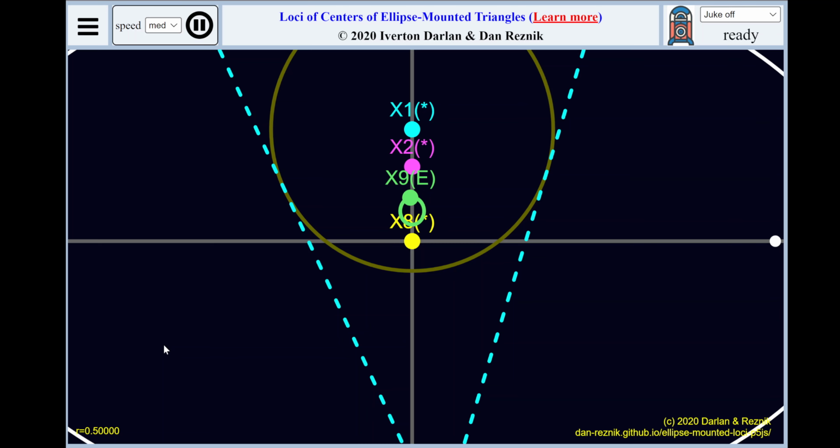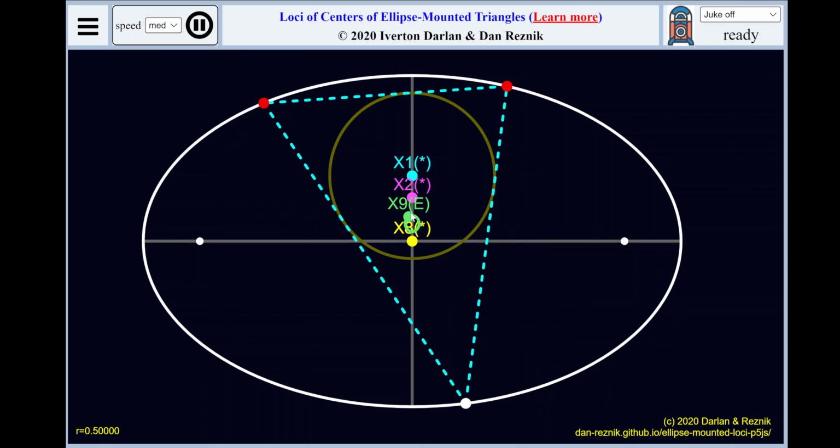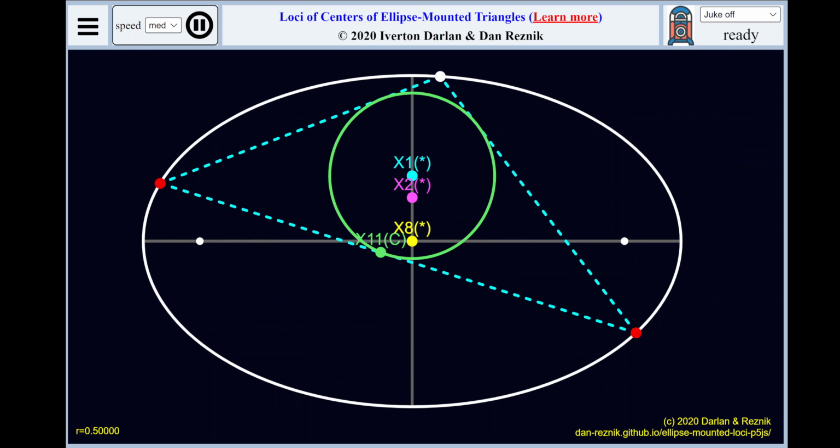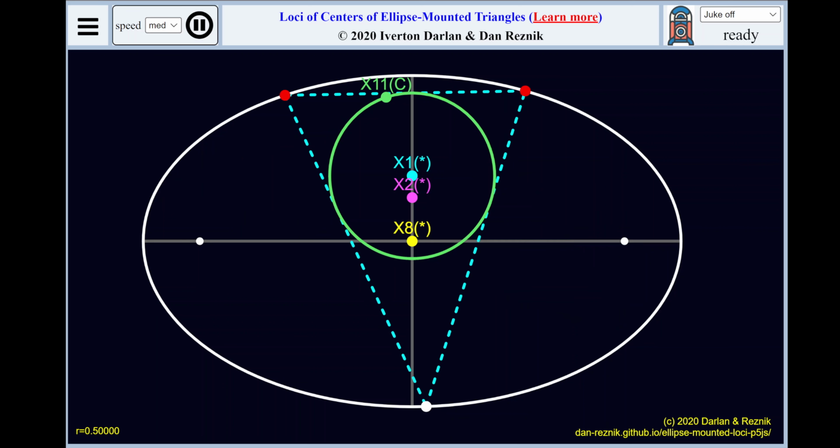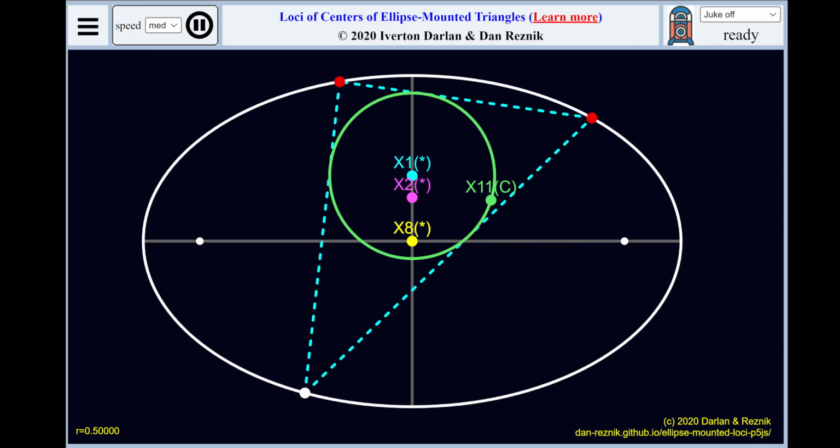This little E letter here indicates that this locus, this green locus, is numerically an ellipse with this tool. The Feuerbach point is always on the incircle, so its locus is the incircle itself. The C here indicates that the locus is circular.